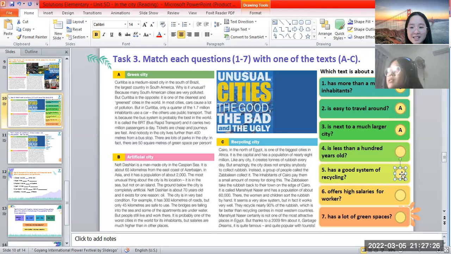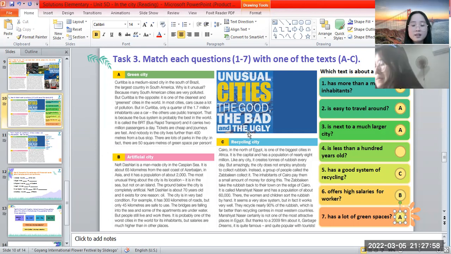That one is kind of easy. You can look at the title, the name of the city. C. Yeah, very easy. Which text offers high salary for workers? Paragraph B. And which text has a lot of green spaces? Paragraph A.